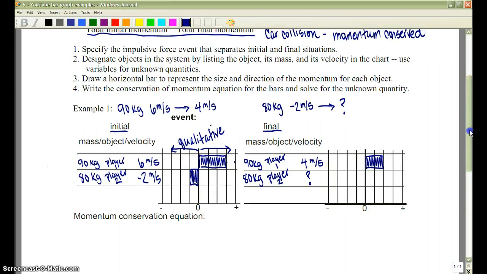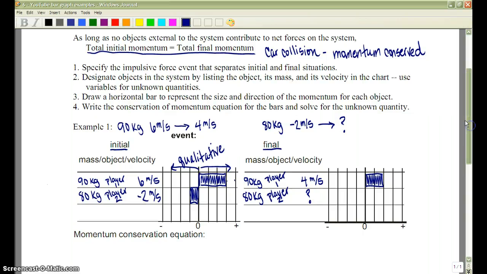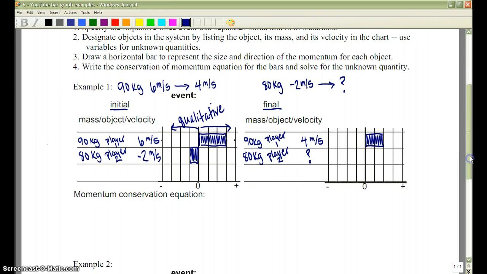Whenever we have 2 things hitting each other, just like we learned from our car collision lab, momentum is always conserved. So if I add the momentum of player 1 plus the momentum of player 2, it should equal the momentums of each of those players at the end.